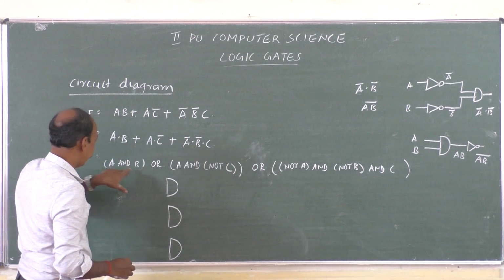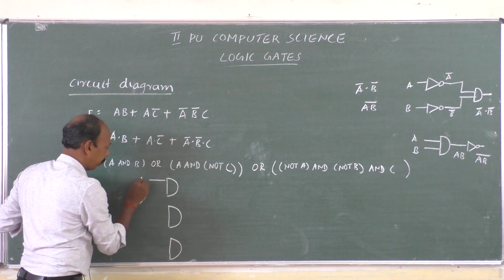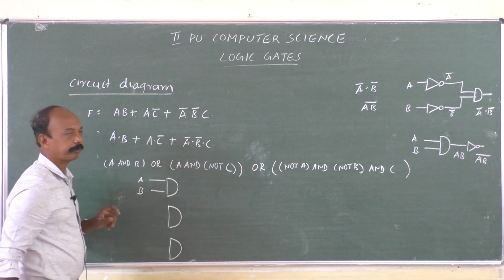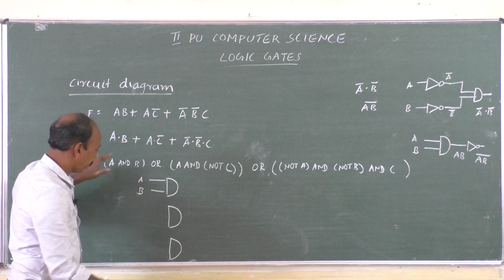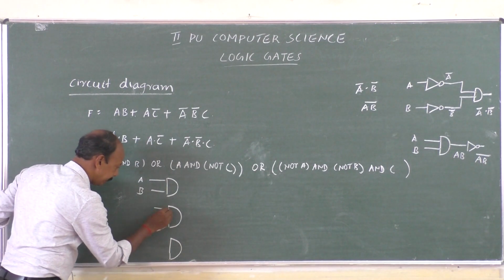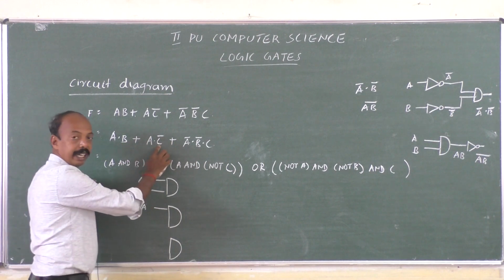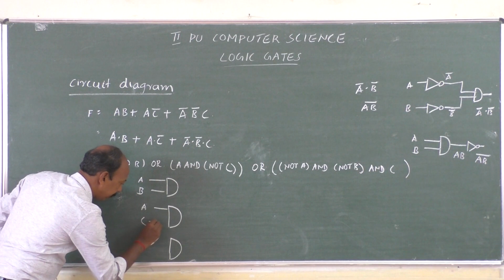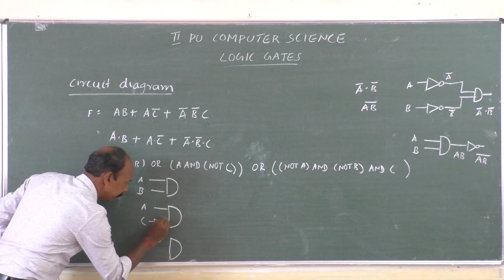A and B. So A will be one input, second input will be B. Second AND gate, A, C bar. So A will be fed as it is. But for C, it is complemented. That's why C will be sent through a NOT gate. So it will be C bar here.